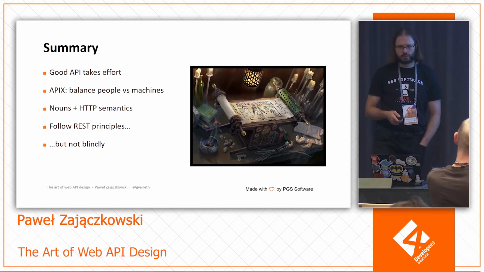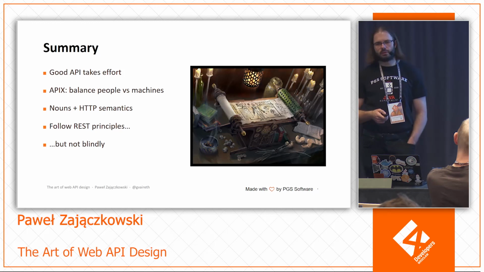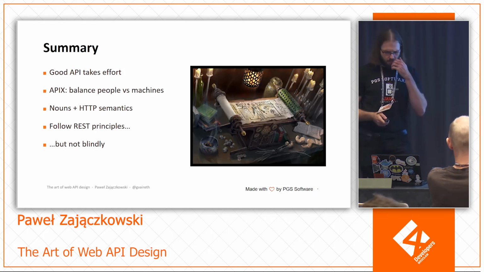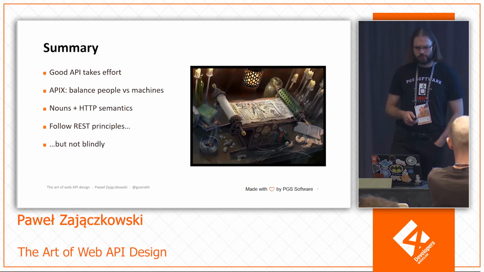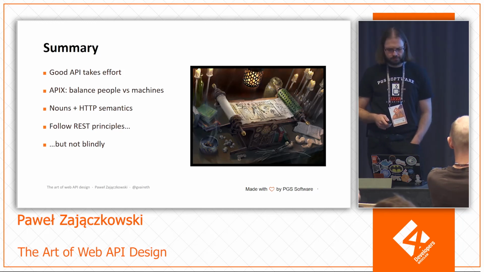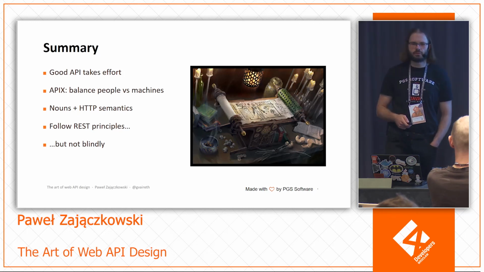Let's remember that in case of REST, the resources and nouns are the focal point of the architecture. And we have semantics of HTTP, so methods, headers, and response codes. So it's a good idea to follow those principles, but maybe not religiously and blindly. If something doesn't fit your architecture, just bend the rules or break them. Just be sure you know what you are doing.